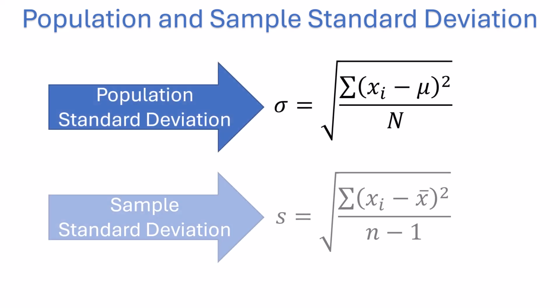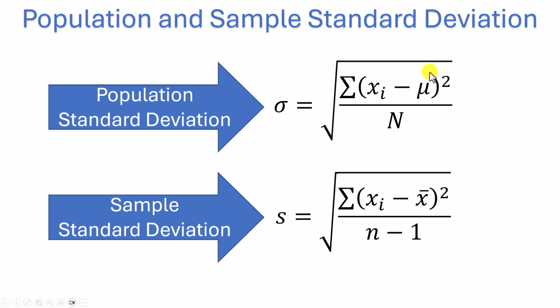Now, it turns out that the population standard deviation has a slightly different formula than the sample standard deviation. Here are the formulas for both standard deviations. If we have the sample standard deviation, which we did in the last few slides, we're going to be taking each value, subtracting the sample mean, squaring it, dividing by n-1, and then taking the square root. For the population standard deviation, there are two main differences.